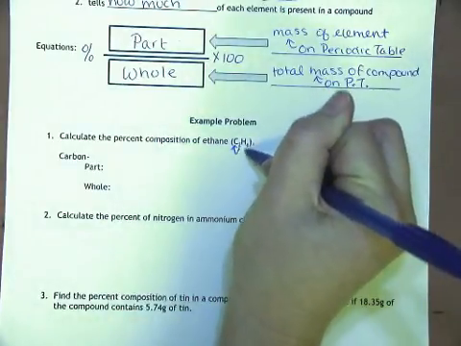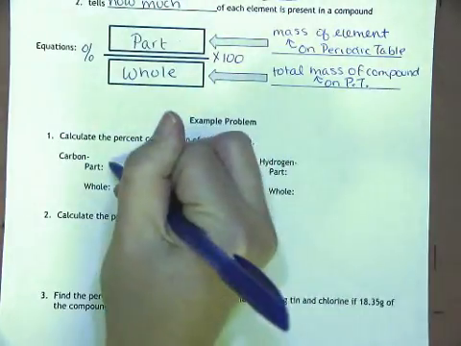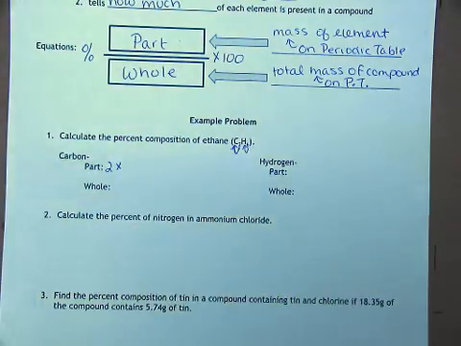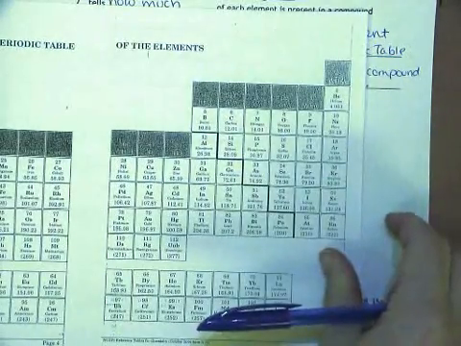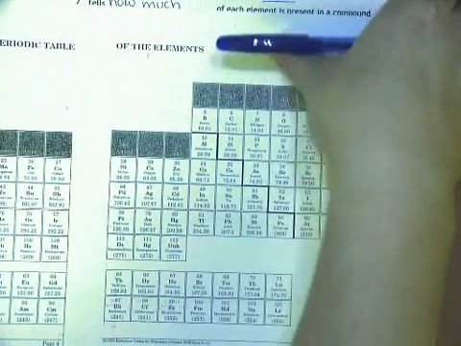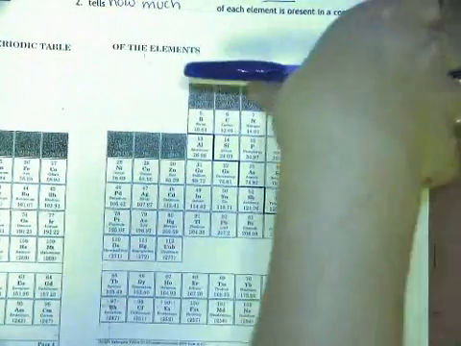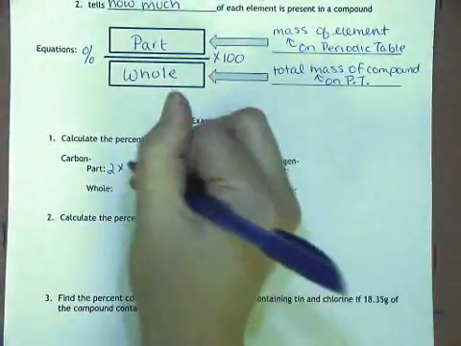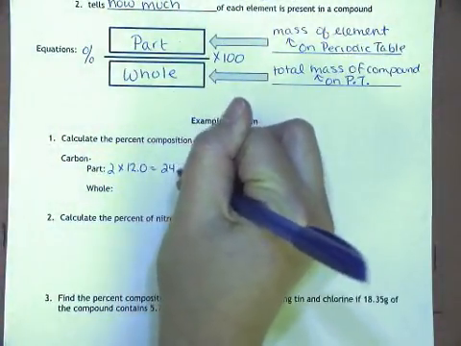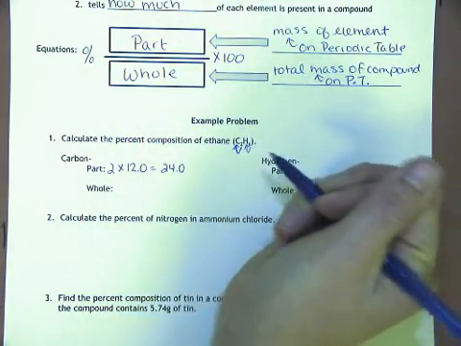There's 2 carbons and there's 6 hydrogens. So I take 2 times the mass of my carbon. If you look at my periodic table, my carbon has a mass of 12.0. So 2 times 12.0 gives me 24.0 grams for my carbon.